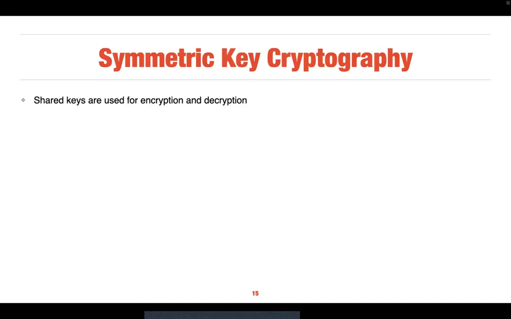So you have a laptop and you want to connect with some server. You will have one key and the same key will be with the server also. When you send a message to the server, you encrypt the message using your key, and the server must have the same key, and it will decrypt the string with the same key.